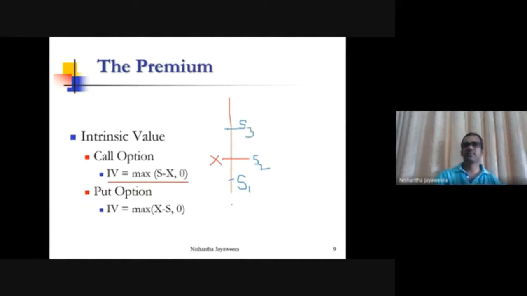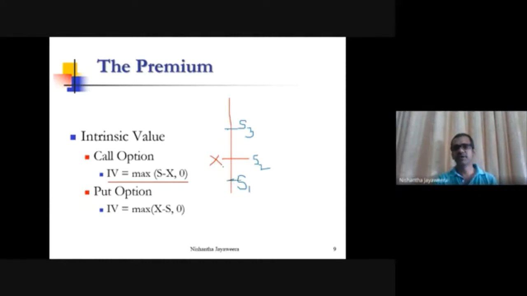If the market spot price remains at S1 on the expiry date or any time, is there any gain to the call option buyer just because of the price difference? Forget about the uncertainty in the future. Assume a European or American option, where anytime you can exercise.